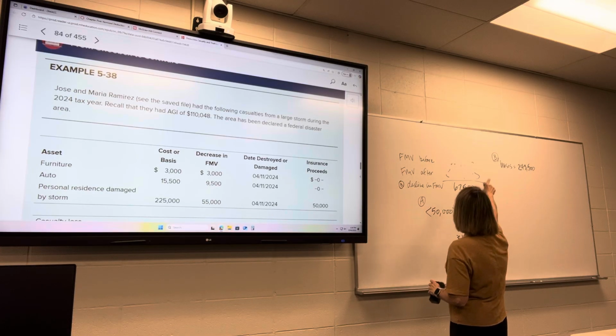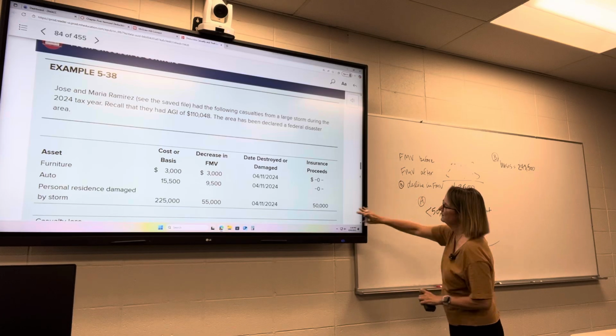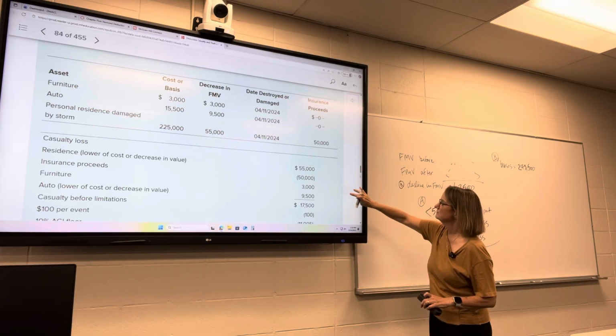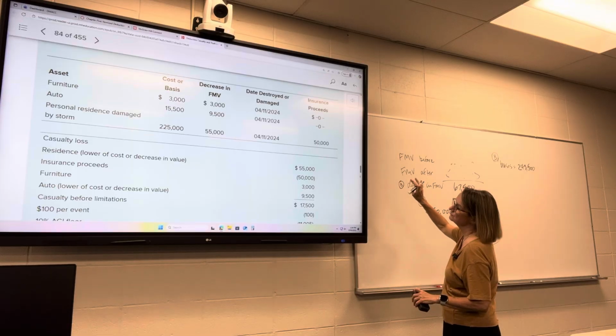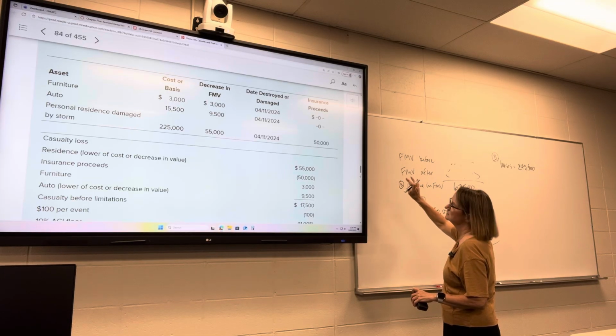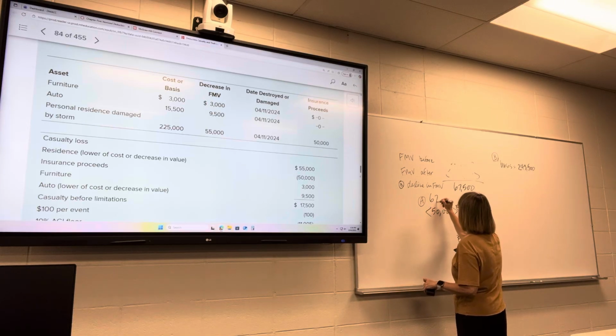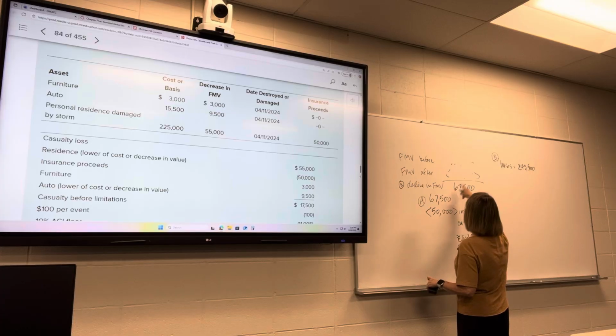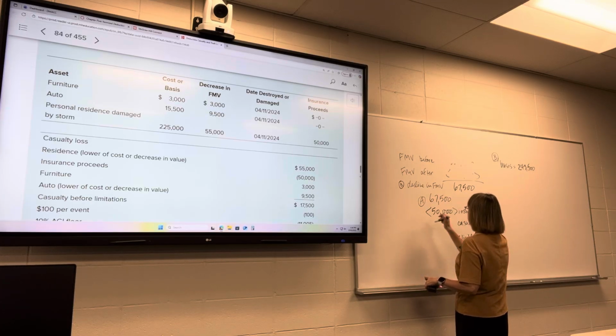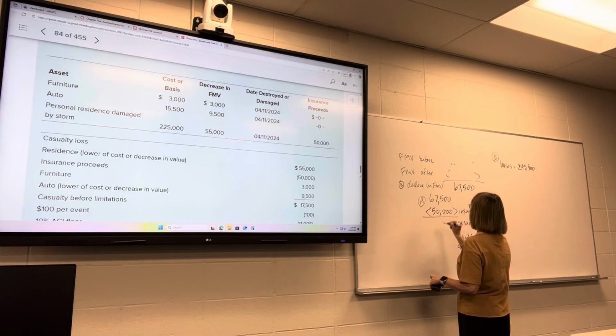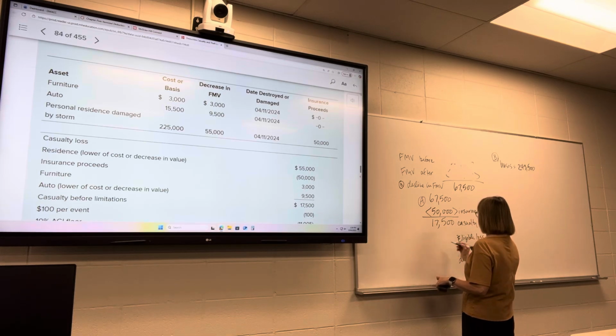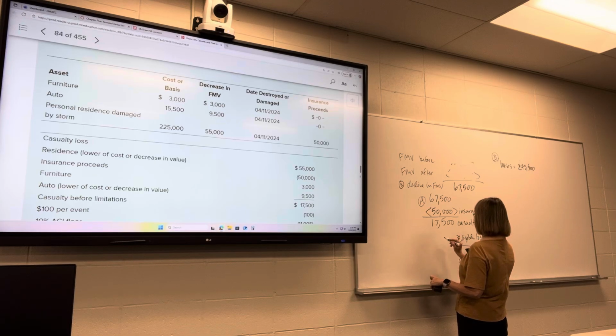So we're going to take the smaller of A or B, right? 55, 68, yeah. So the smaller is 67,500. Compare those two amounts, take the smaller of those, subtract the 50,000, and so 17,500 minus our $100 is 17,400.